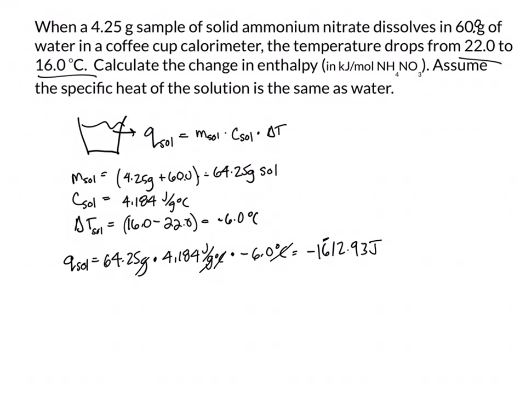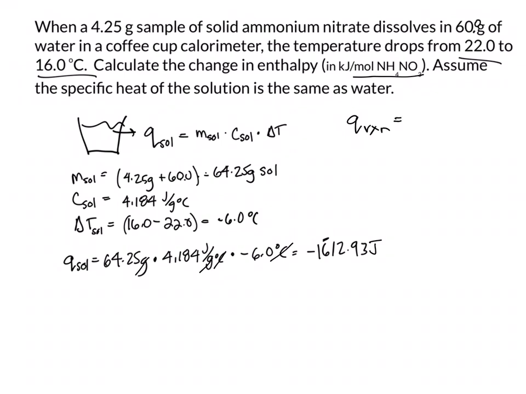So what we've calculated here is the change in the solution when the dissolving of ammonium nitrate occurs in water. Now, I want to know the change in enthalpy associated with the ammonium nitrate. So really what I'm trying to find out is the Q of the reaction, or the Q of the dissolving process for the ammonium nitrate.